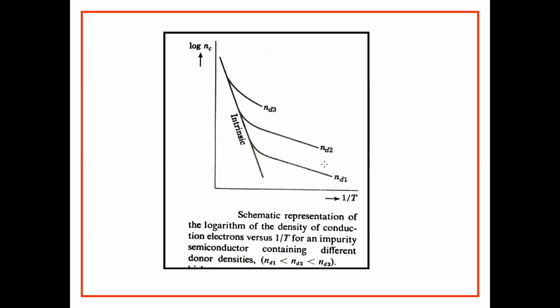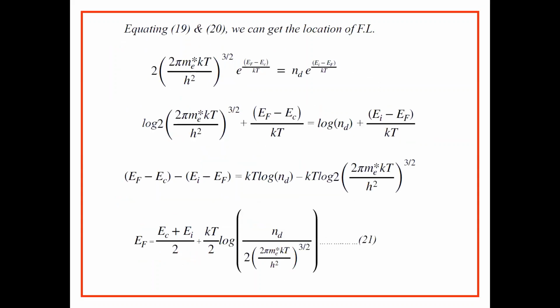Here ND1 is less than ND2, which is less than ND3. The variation of the logarithm of density of electrons versus 1 upon T can be represented by this equation, and the location of the Fermi energy level can be given by this equation.